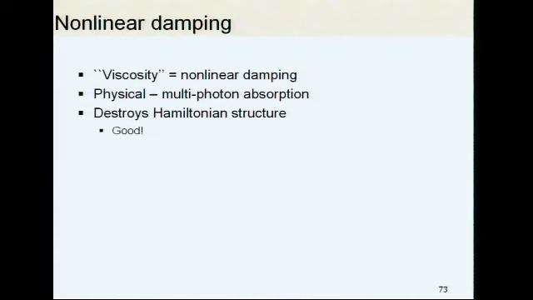So I want to propose a different viscosity, to take nonlinear damping as your viscosity. It has physical motivation.